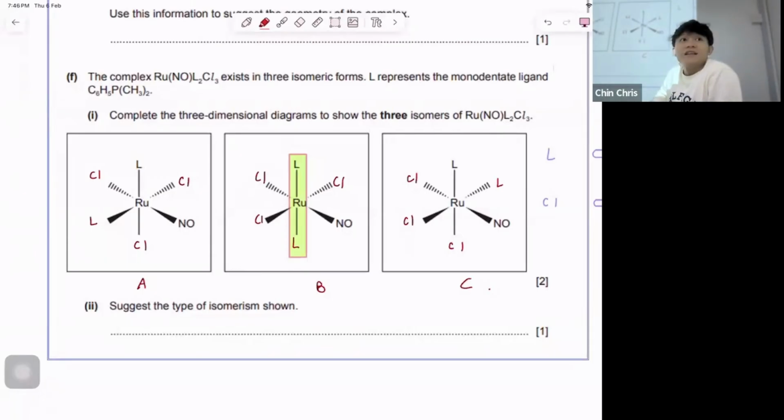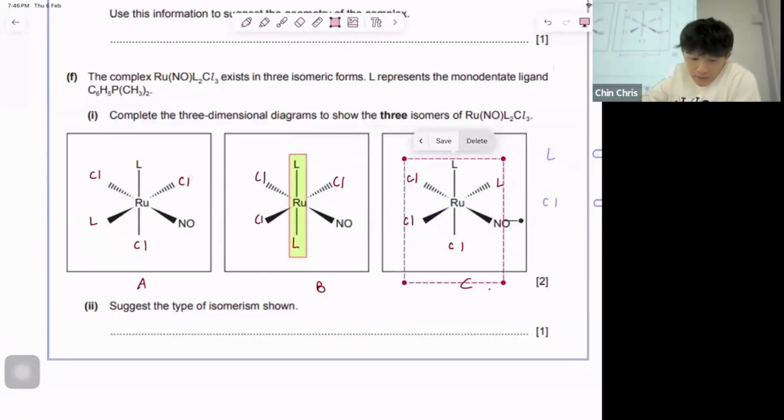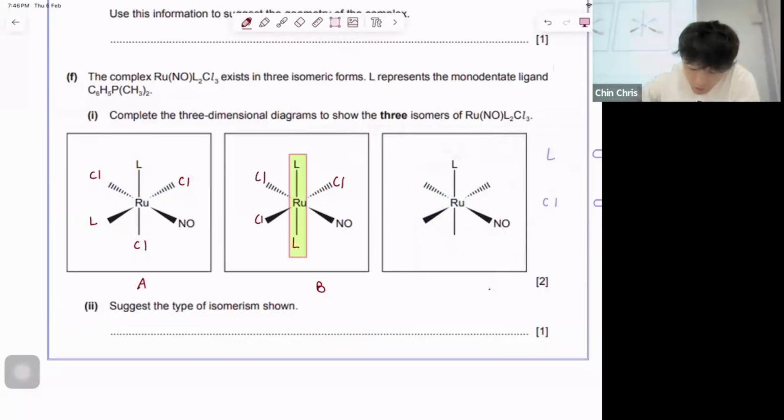Okay, guys, why A and C are the same? Cl are both in 90, 90, 90, right? Can see that? Cl 90, Cl 90, Cl 90. Easy. So you have to swap one of them to 180, right? So guys, you know how to draw it to 180? Very simple. So L, I pick anywhere. Nah, cannot. Must be here.